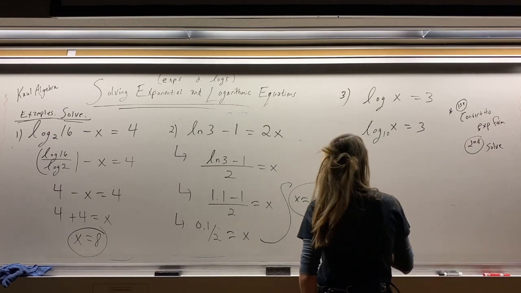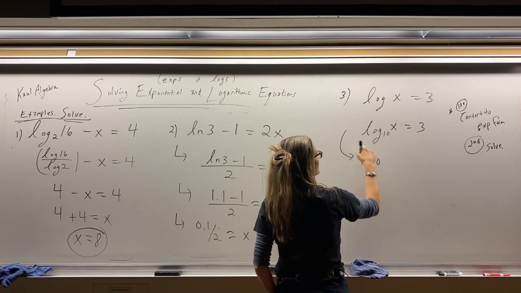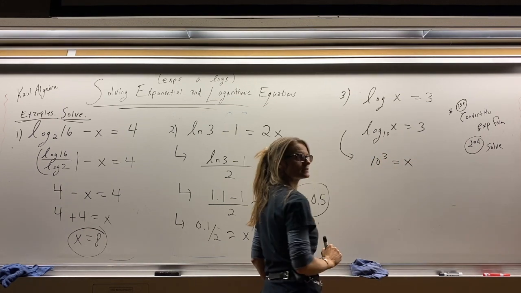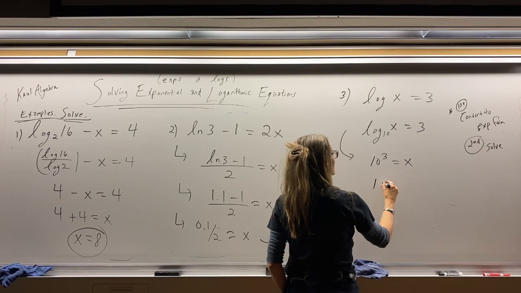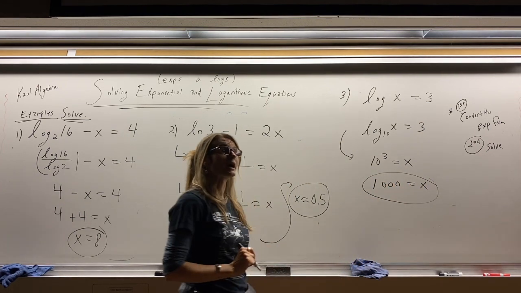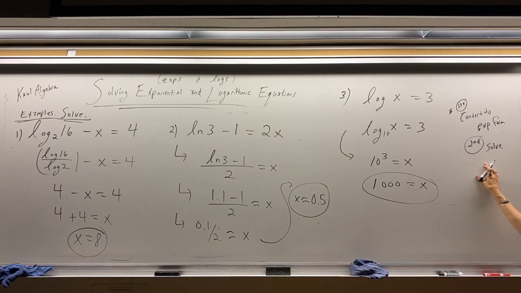So what I'm going to do is just go ahead and convert this to exponential form. So here's my log form. Exponential form is 10 to the 3rd power equals x. And lucky for me, my solution just comes right out quickly. So what I have is solve, and I did that, and third, I check.